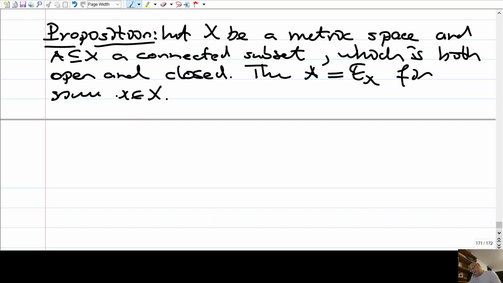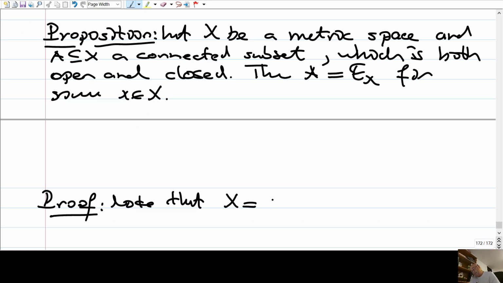Well, since it is connected. Proof. Let's note that X can be written like this: A union X minus A. This is a disjoint union, and A is closed and open.